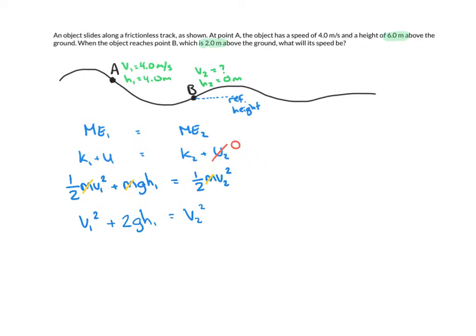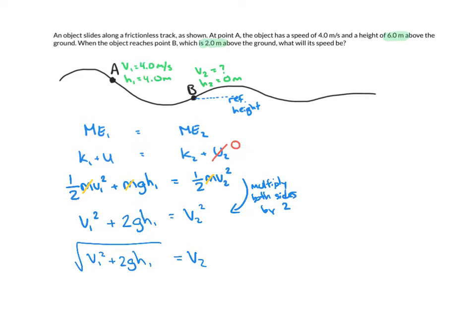So my first step was multiplying both sides by 2. And then I'm going to square root both sides. And that's it. I'll fill in the values and then I'll be done with it.